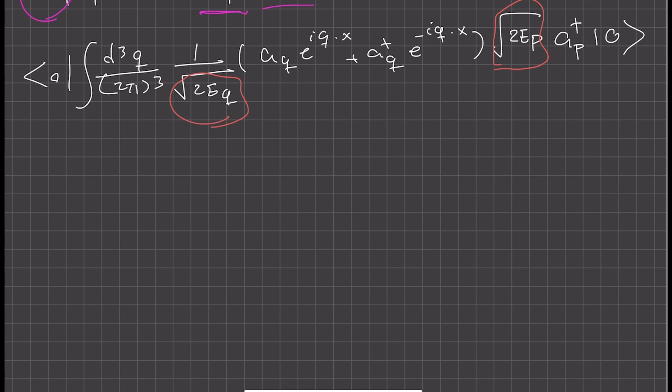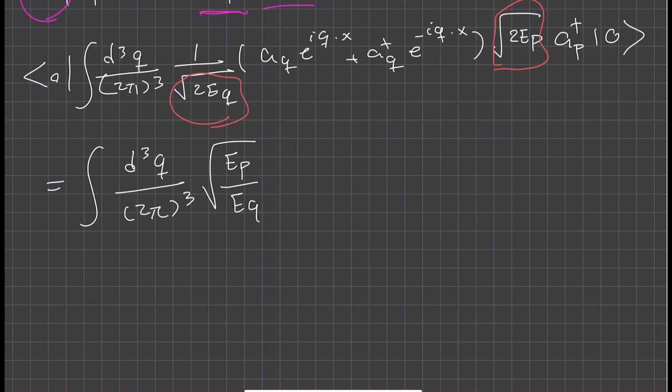So now how to calculate this expression? I would take the integral and those elements out. 2 pi cubed, square root of E_P E_Q. Now what do I have? I would have vacuum a_Q a dagger P, plus vacuum, those exponential terms also.